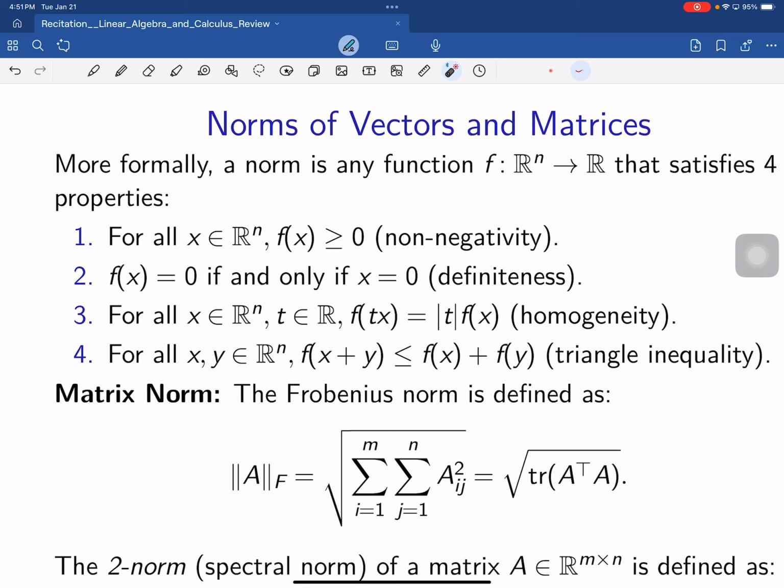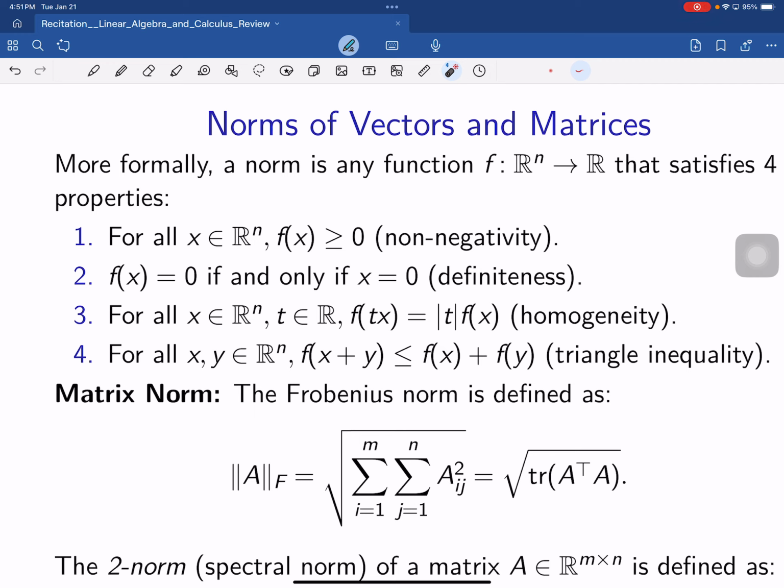And then it also has a homogeneity property. If you multiply a scalar to this vector, then you can take the scalar out, but then you have to use the absolute value, right? Because the norm is describing the length. If t is a negative number, you cannot just multiply the negative thing out, right?